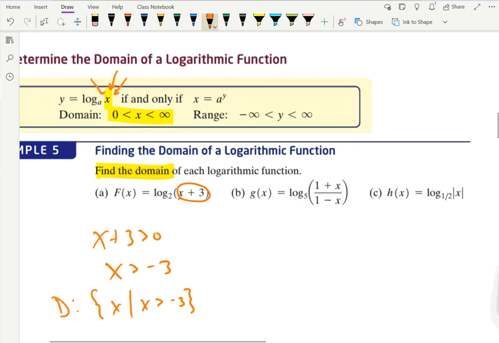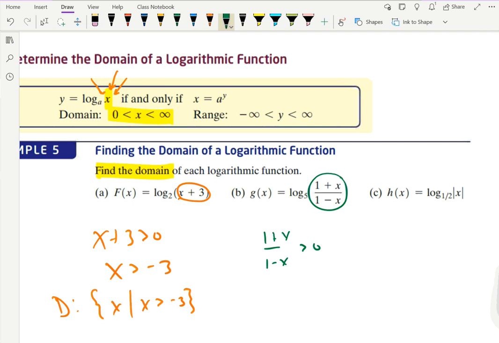If we take a look at letter B, we have g of x is a log, and so this position in the logarithm must be positive. So that position in the logarithm, which is 1 plus x over 1 minus x, must be greater than 0. So when is a rational inequality bigger than 0?